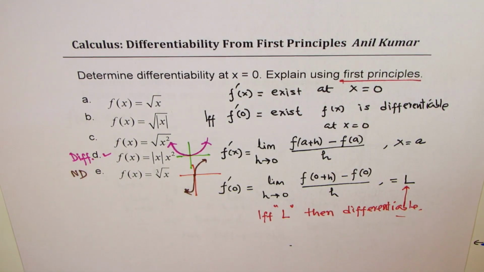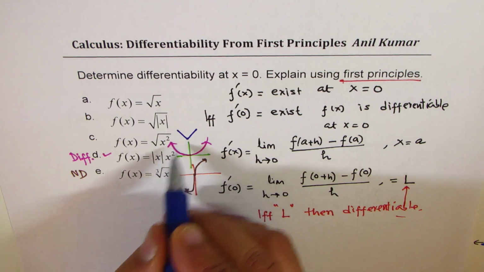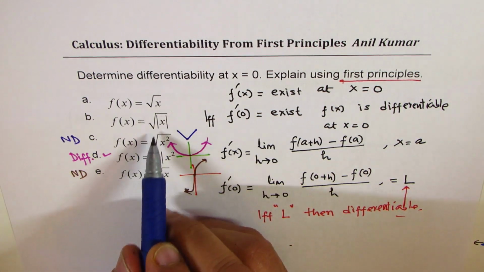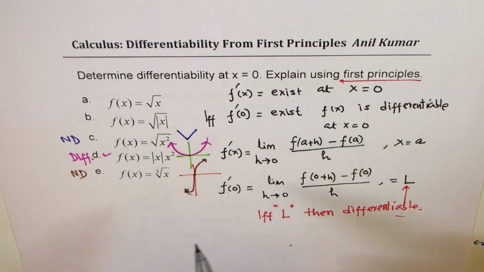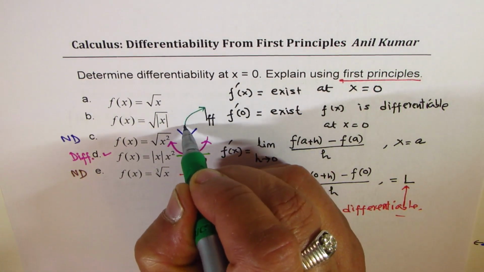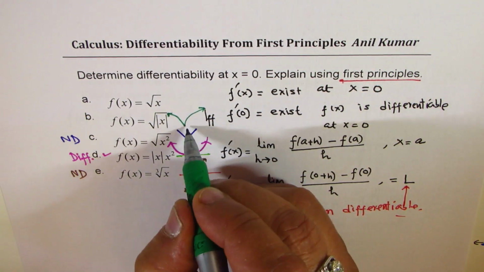Square root of x squared was like an absolute function. Let me now just show this, and which is not differentiable. And when we say cube root of absolute x, then this function could have been sketched with cube root functions on either side, right? So kind of like this. And here, you know, it is a cusp, right?